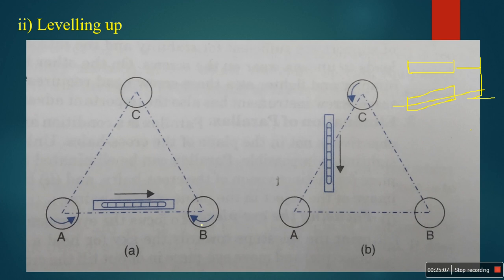Here I am selecting A and B. Remember that if you select these two foot screws, you have to keep the spirit level, or bubble tube, parallel to these two foot screws.